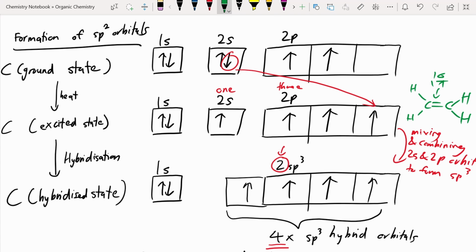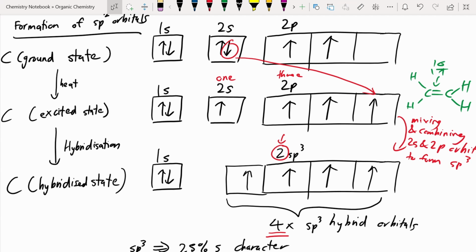So you know that pi bonds can only be formed between your p orbitals. So you want to make sure that one of your orbitals is unhybridized, and then you'll be able to mix the rest of the orbitals.